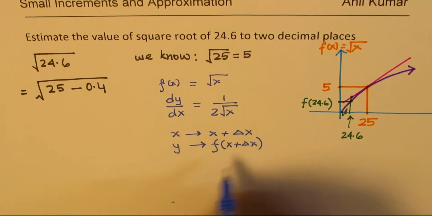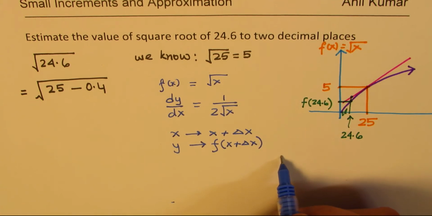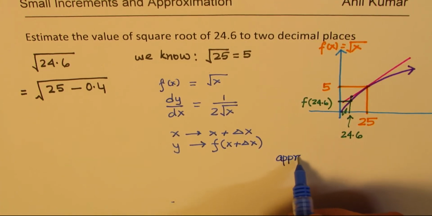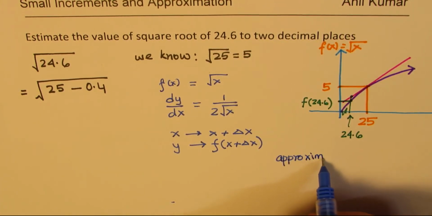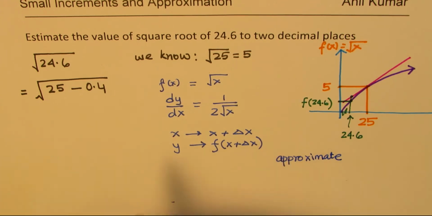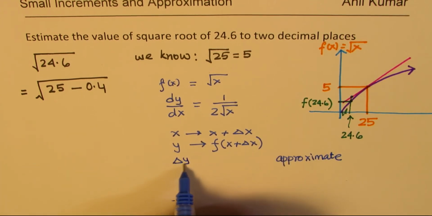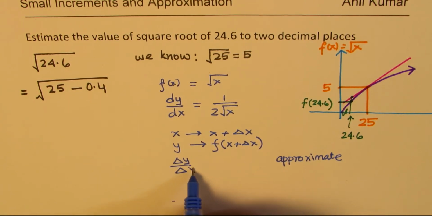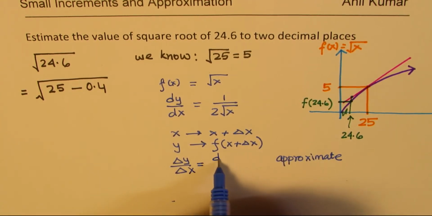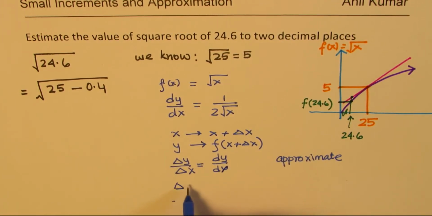But the approximation here is that we could approximate that this change is minimal, right? So we say a change in y for the change in x is basically equal to dy by dx. And that is especially true when delta x is approaching 0, right? That is how you define dy by dx, correct?